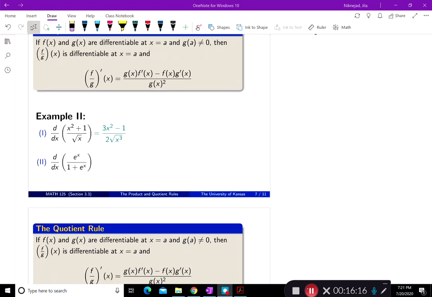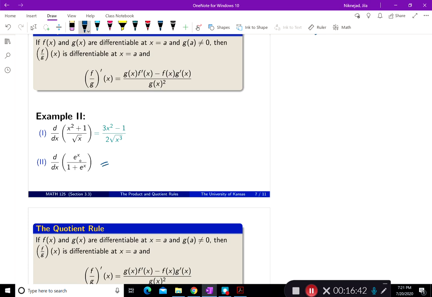So we gave an example that you can do both ways, with the quotient rule or without it. Let's do an example that is not possible without the quotient rule or some other rule that we haven't learned yet. So this is the example.